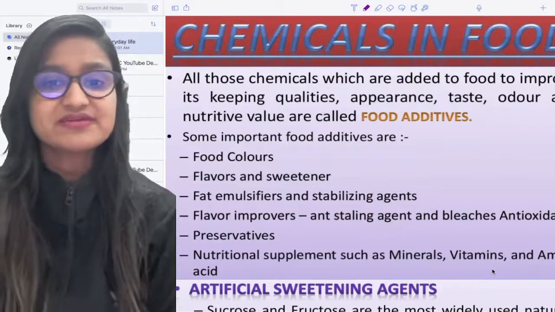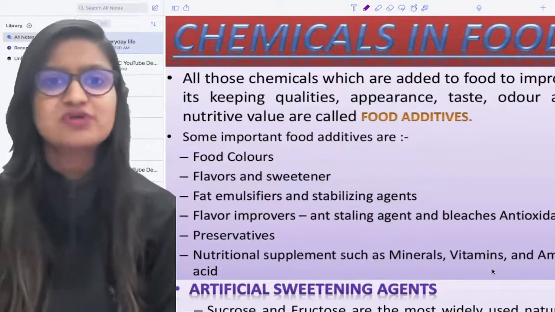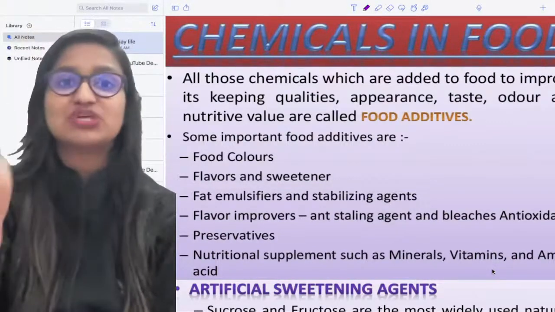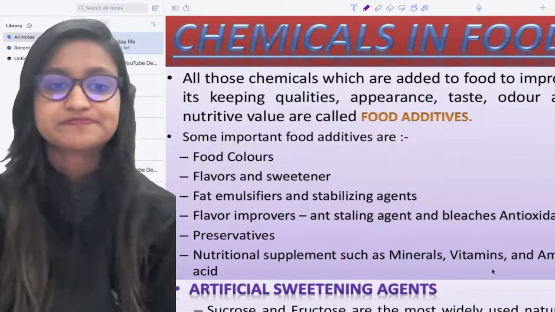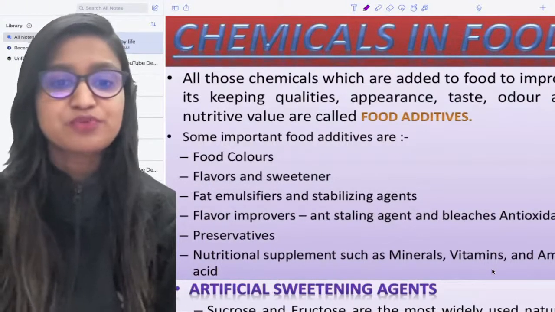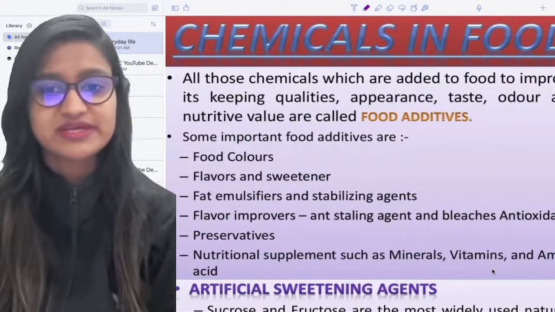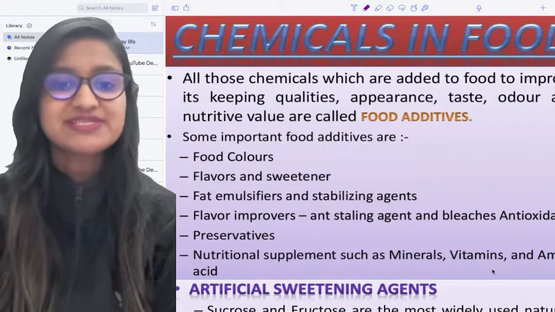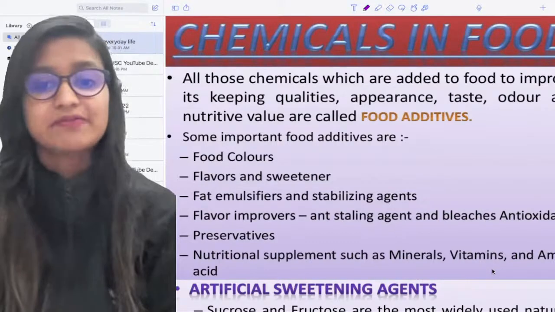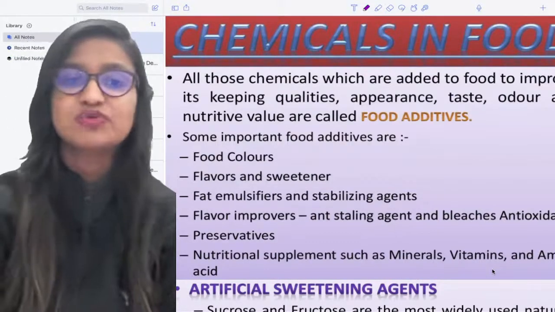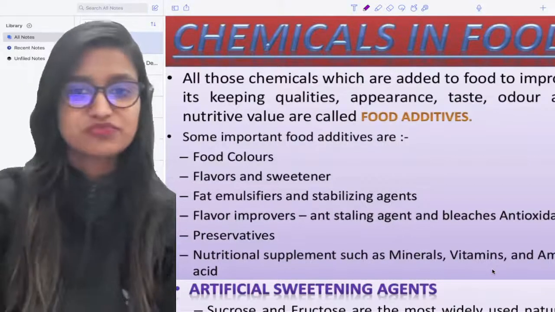Fat emulsifiers and stabilizing agents, you know, आइसक्रीम को stabilize करने के लिए आप gelatin add कर देते हो, right? Flavor improvers, जिससे फ्लेवर थोड़ा और स्ट्रॉन्ग हो जाता है. ठीक है? Nutritional supplements such as minerals, vitamins, amino acids, these are also food additives.